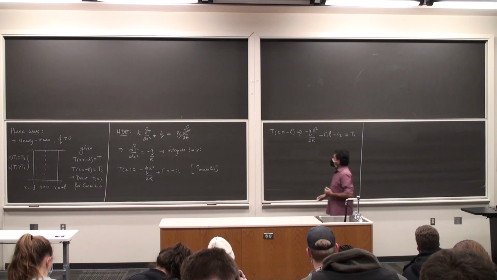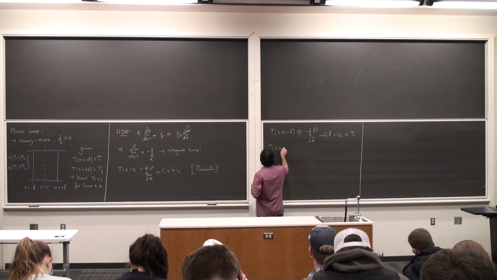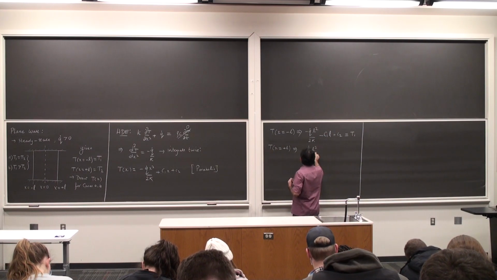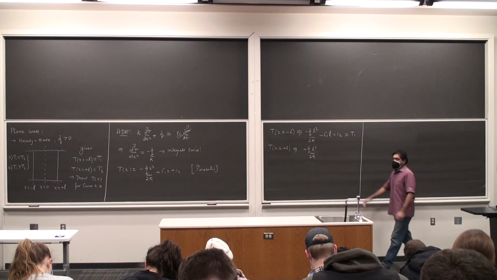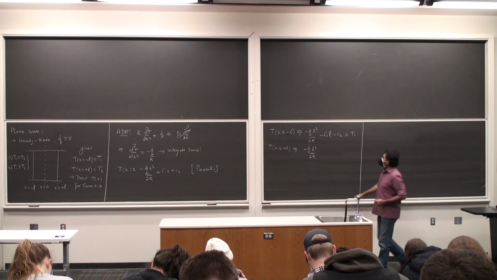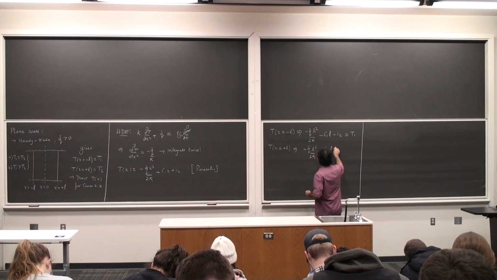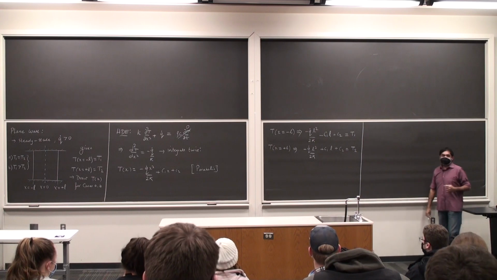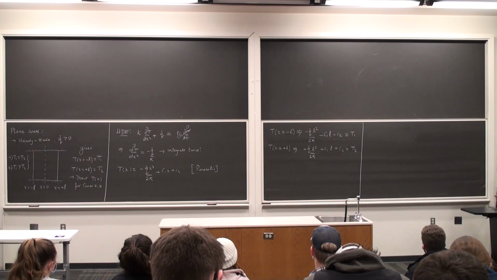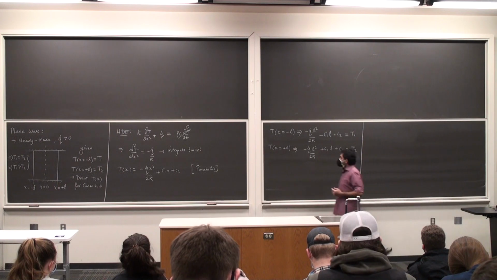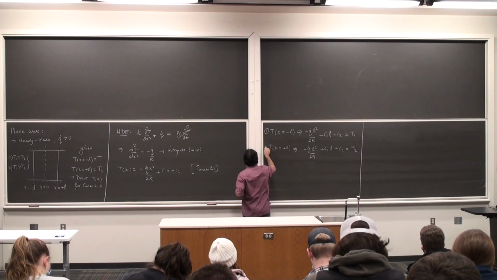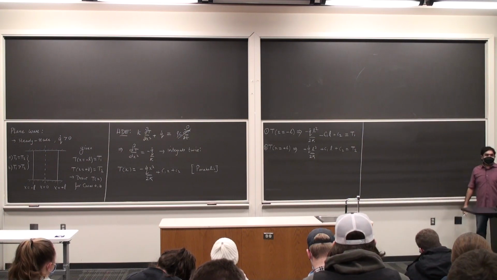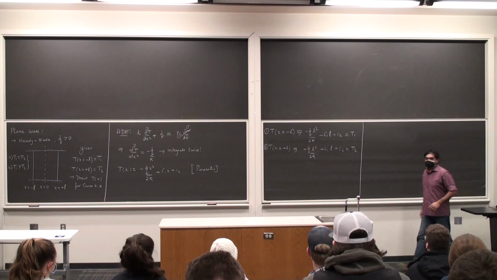Second boundary condition, just plugging in, plus L: minus q dot L square by 2k, that remains the same, plus C1L plus C2 is equal to T2. Call these equations 1 and 2. Two equations, two unknowns. I can solve for C1 and C2. I don't remember the answer, so let me solve it.